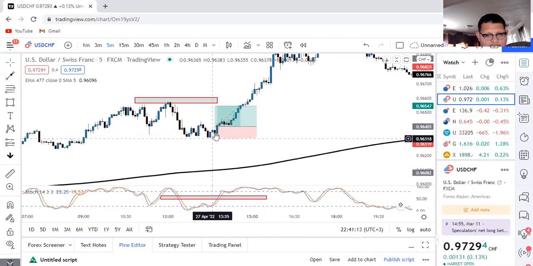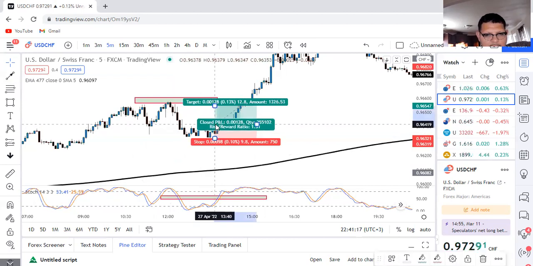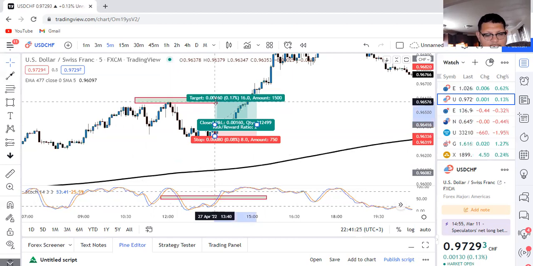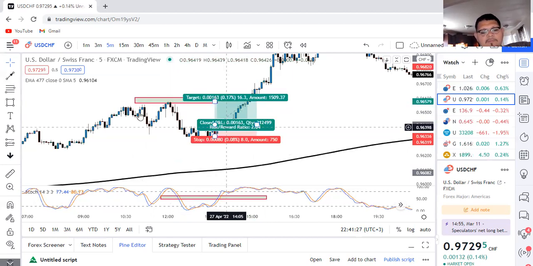There's our engulfing right there. A pip stop loss. 16 pip take profit.